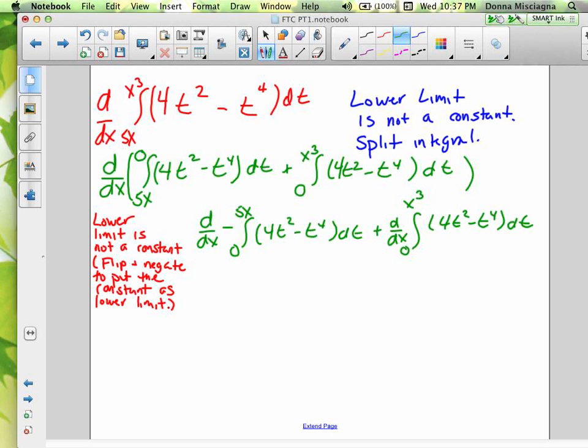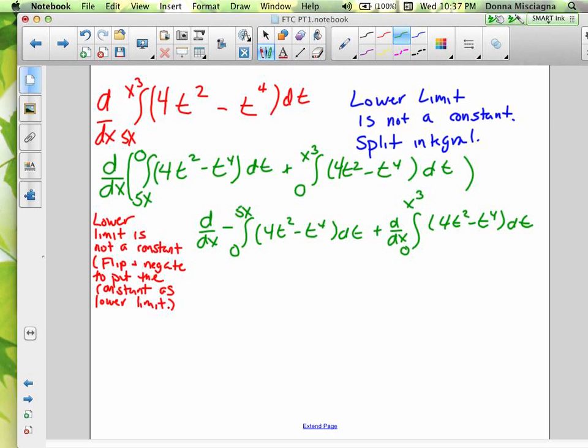Now we don't want to have to integrate, evaluate, and take the derivative because we know differentiation and integration are inverse processes, and we'll be left with the same thing. This part, only now we'll have x's in there instead of the t's.